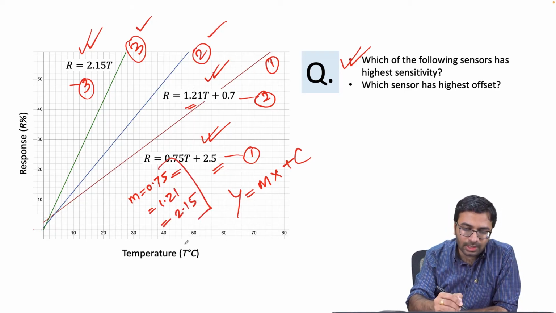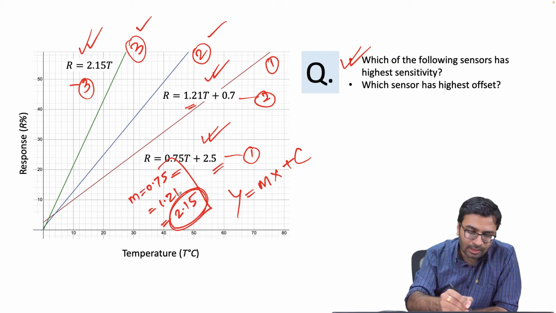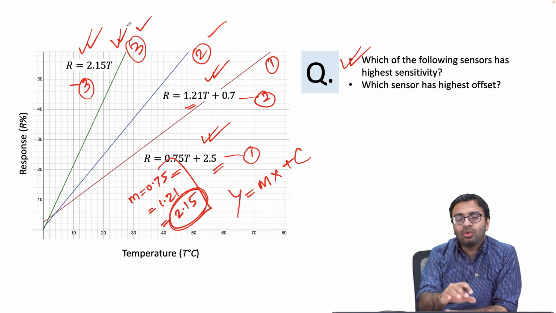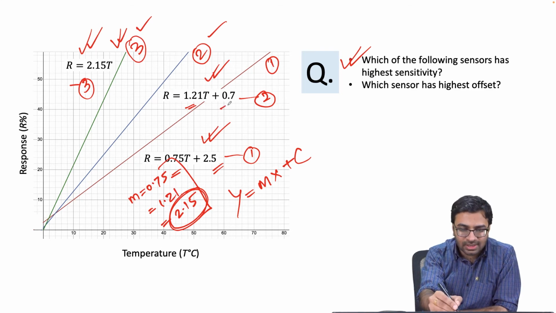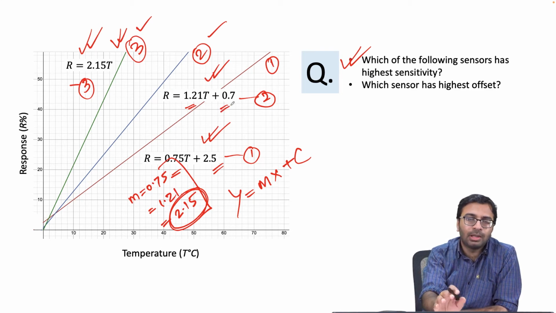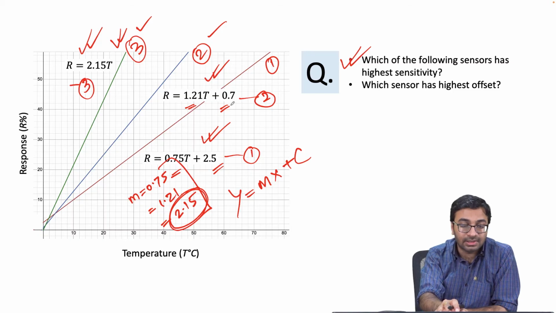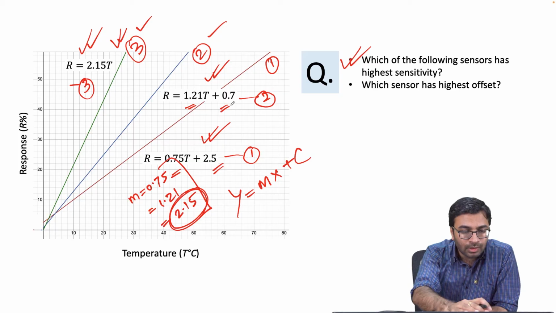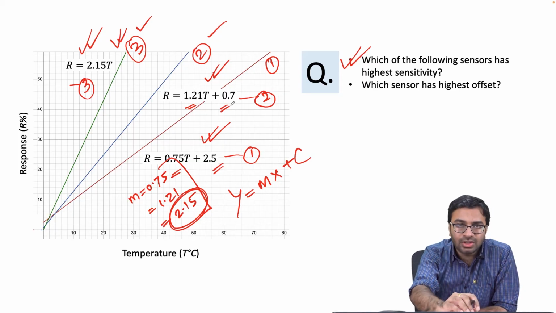So from this only you will be able to understand that the third sensor has highest sensitivity. Even if you don't know the equations exactly, then also you will be able to tell which sensor has highest sensitivity just by seeing the steepness of the curve, how fast it's changing with respect to input.